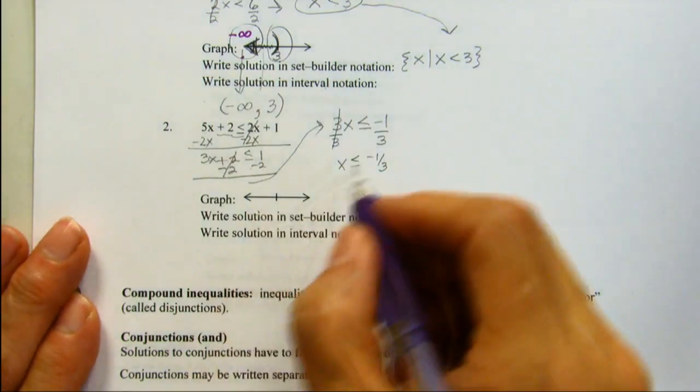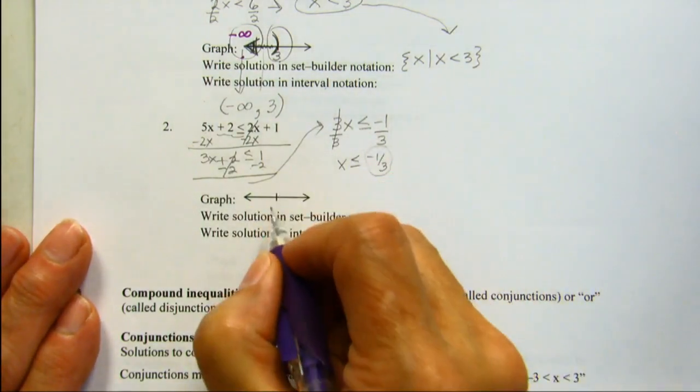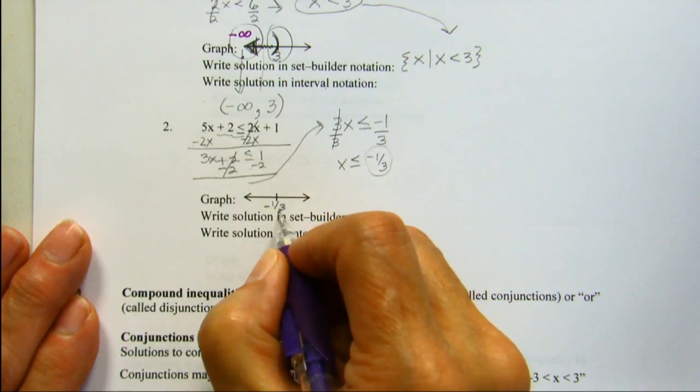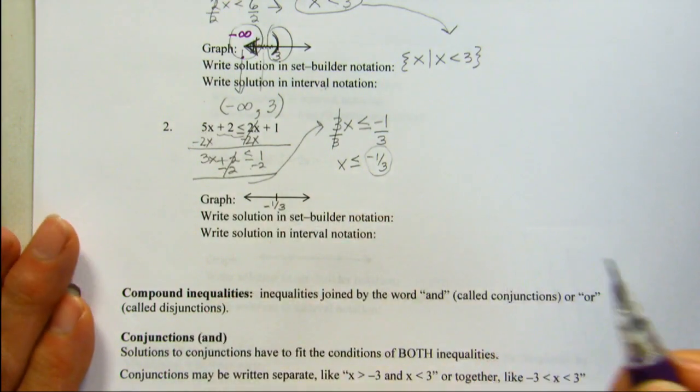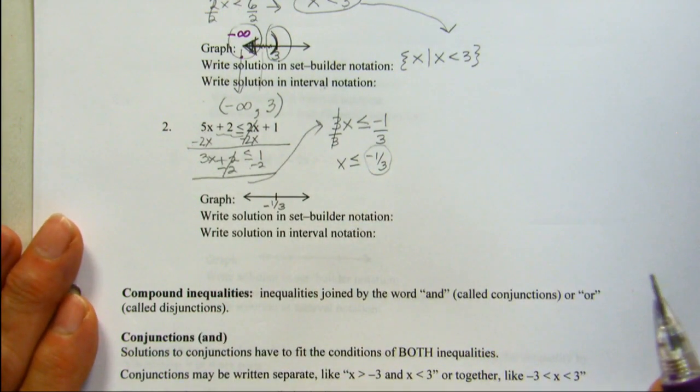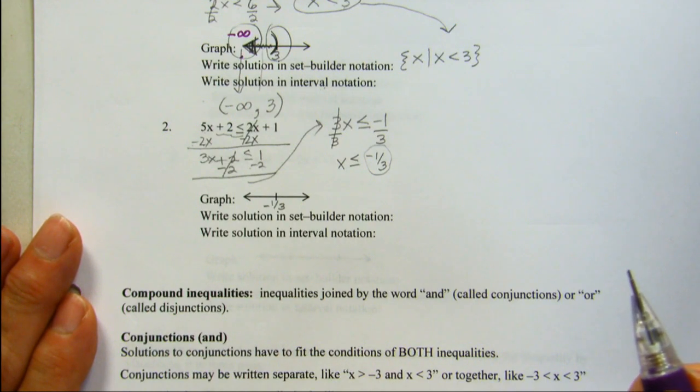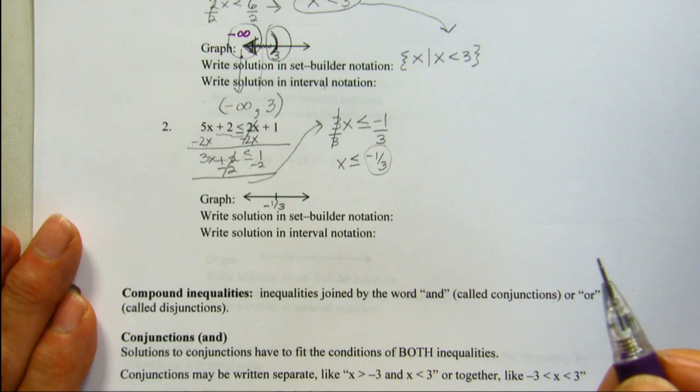All right, graphing, bring down your negative 1/3. Okay, does my arrow go to the left or the right? Which way do I draw my arrow on my graph?